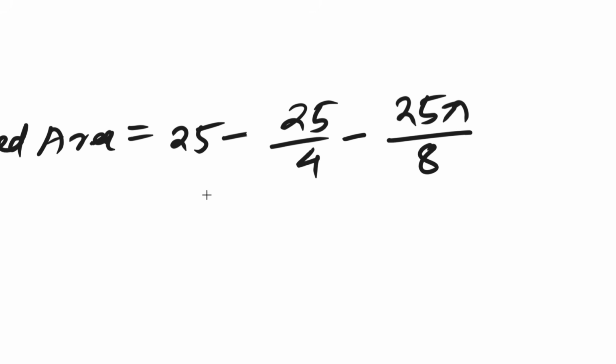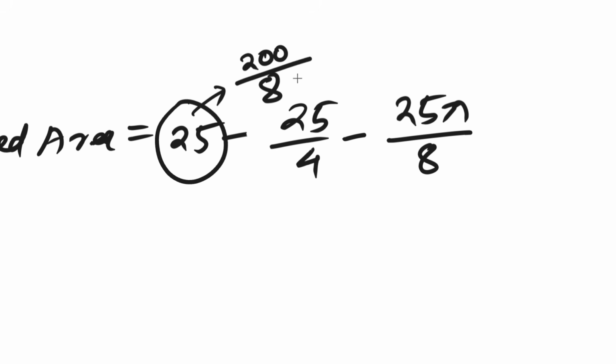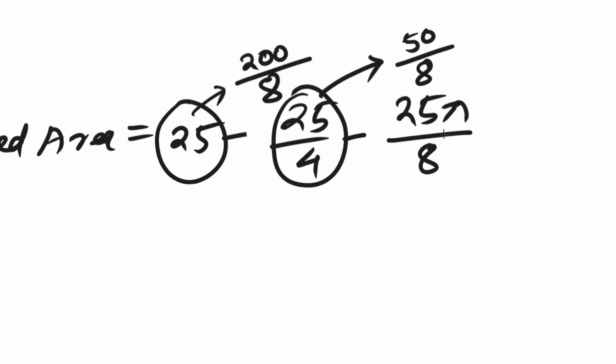Since the denominators are 4 and 8, our common denominator will be 8. 25 can be written as 200 divided by 8. 25 divided by 4 can be written as 50 divided by 8. And 25 pi divided by 8 already has the correct denominator.